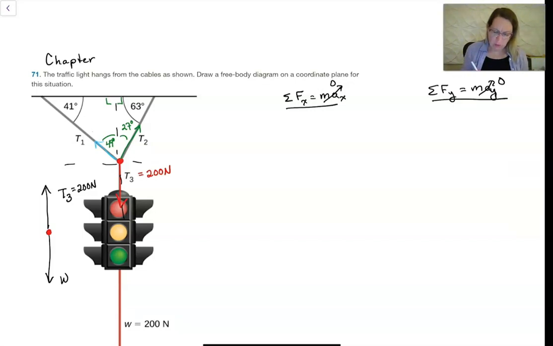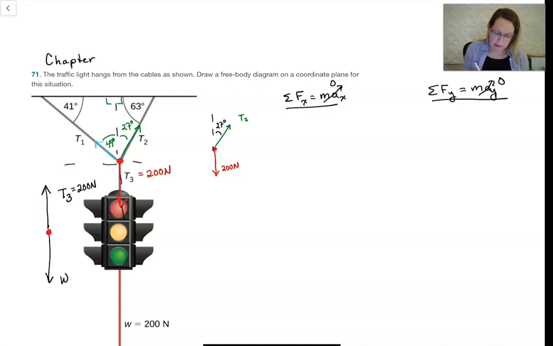If I draw what's going on at this dot, then I've got T3 is down. I've got T2 sort of at this direction. I'll try to do that a little more to scale. There's T2 with its angle right here of 27 degrees.